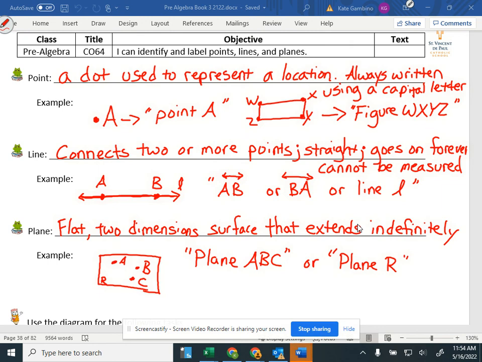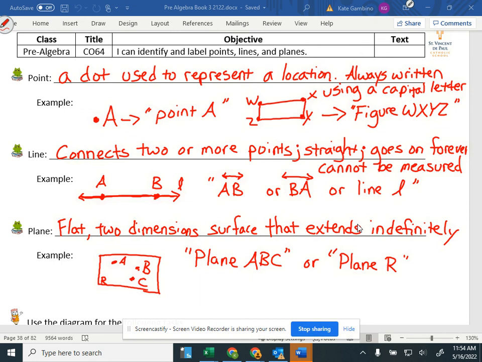R is just the name that's given to the plane. So we don't have a dot next to the R. There's no point there. So we could call it our points that we have in the plane, plane A, B, C, or we could call it plane R. Just like with our line, it could be line AB, it could be line L.